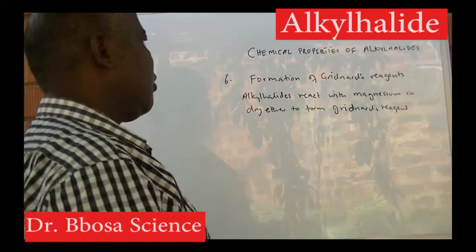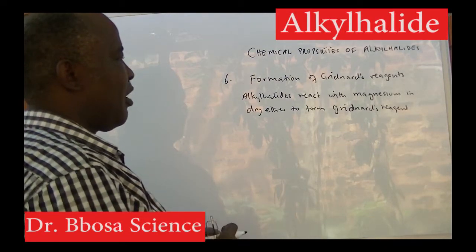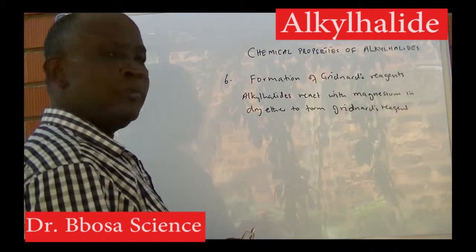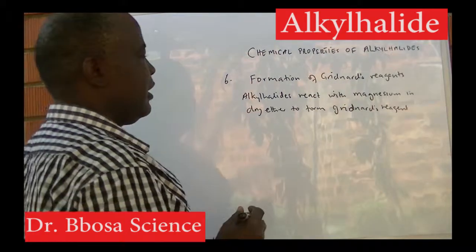6. Formation of Grignard reagents. Alkyl halide reacts with magnesium in dry ether to form Grignard reagents.